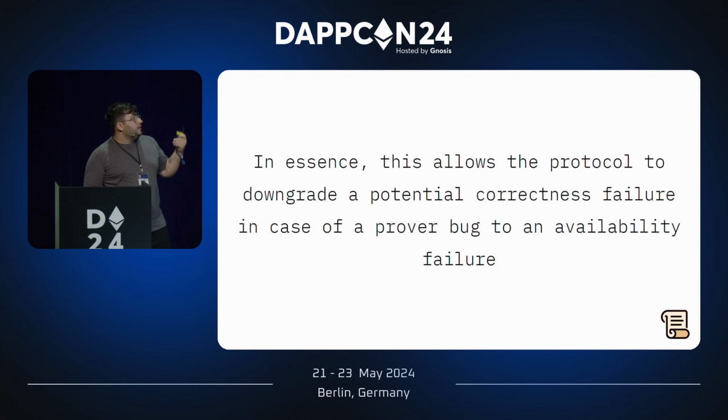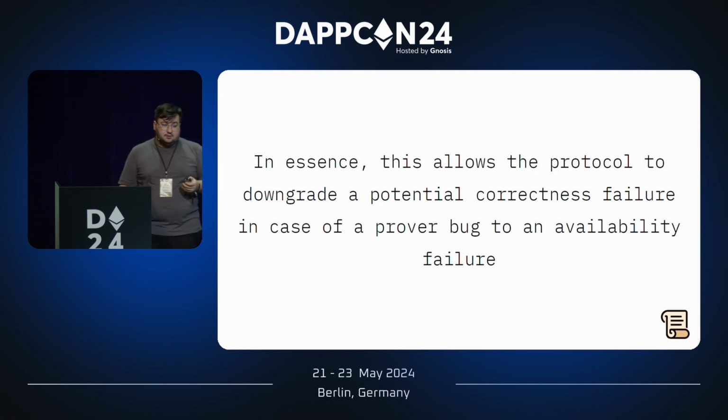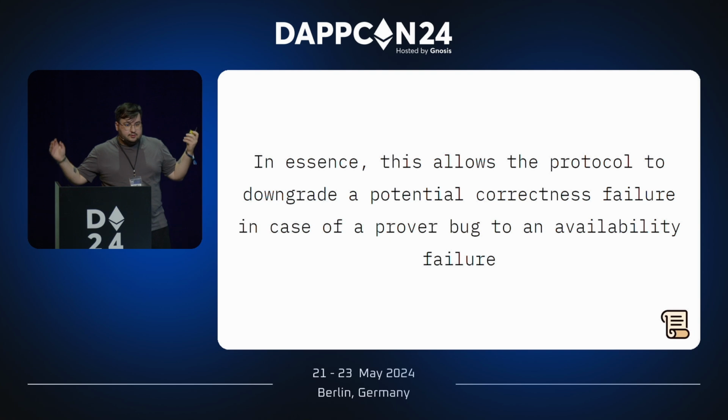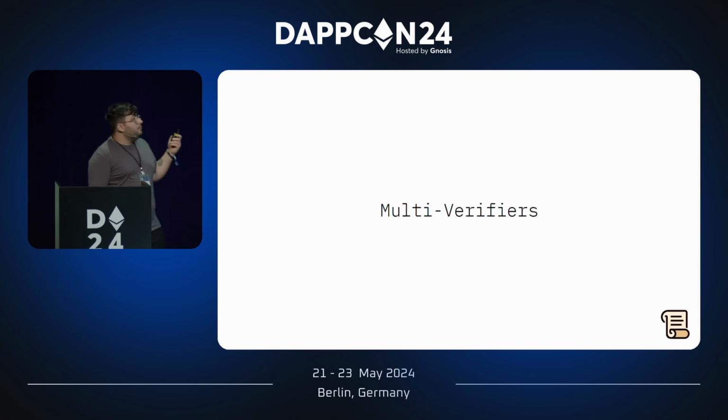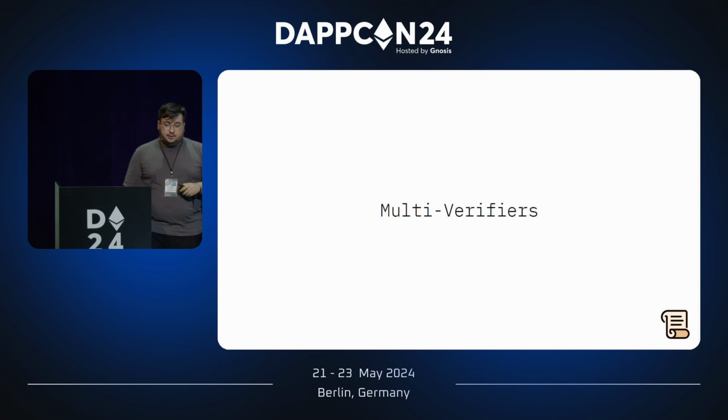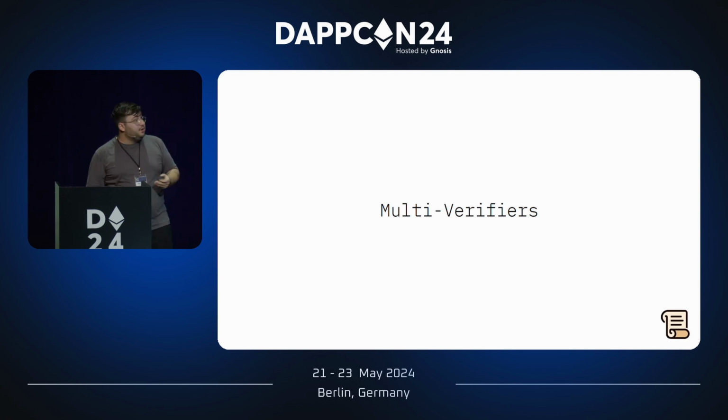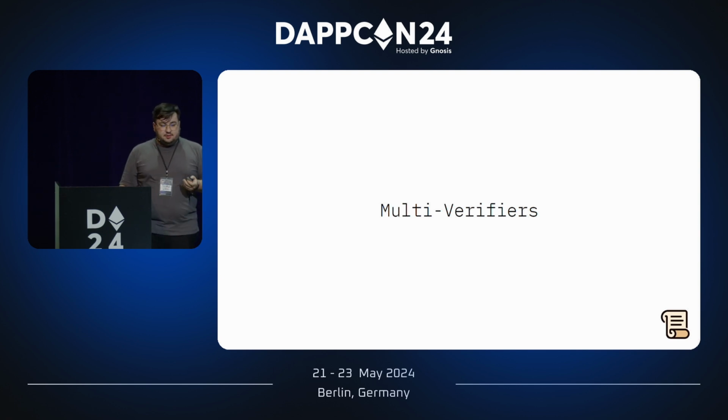In this case, the bridge would halt, and you either let the governance choose what to do next, or have the Security Council pick the correct prover, which is much better than just having the funds stolen. But that's not really enough, because that only solves the problem with provers, and we still have the same problem with smart contracts. What if there's an implementational bug? That's where multi-verifiers come in.